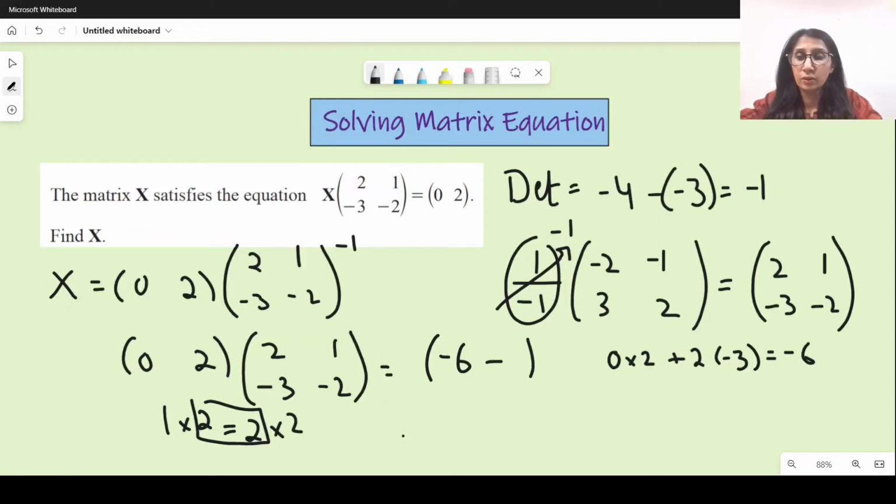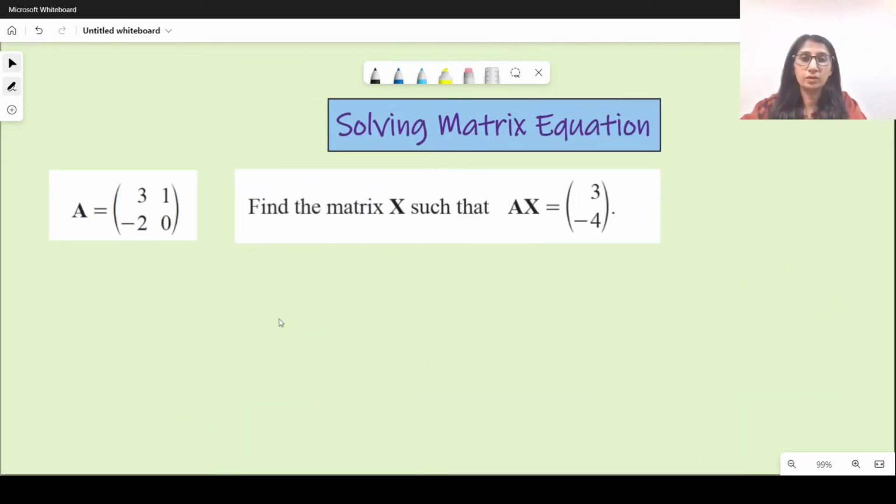And then we multiply 0, 2 with 1, -2. So 0 times 1 plus 2 times -2. That gives a -4. So we write -4 over here. So that's the value of X, -6, -4.